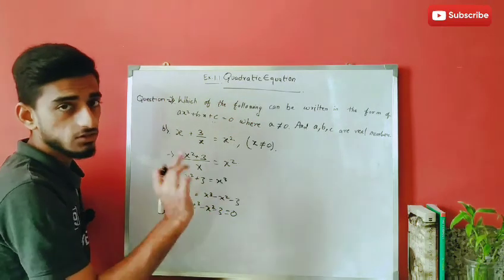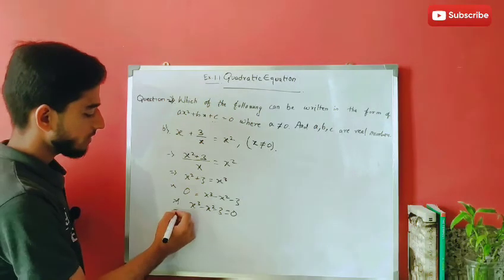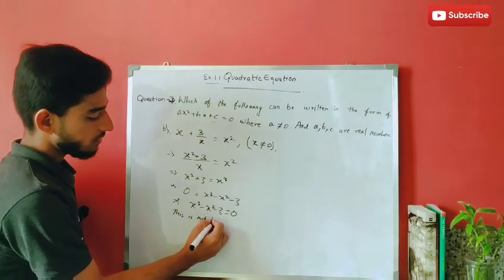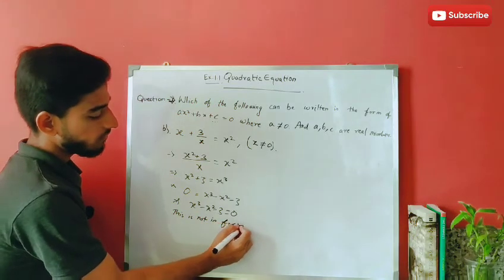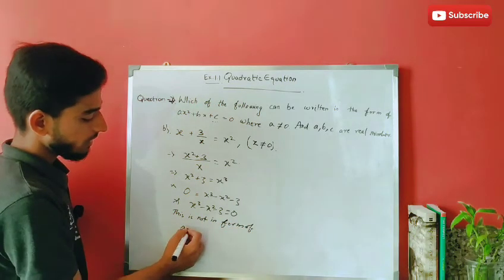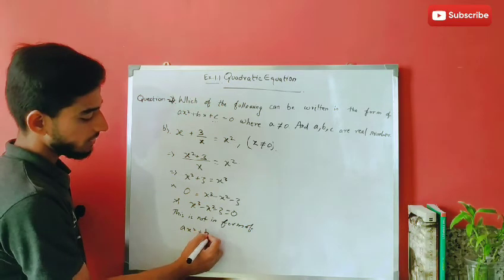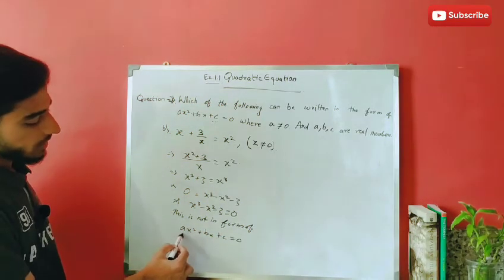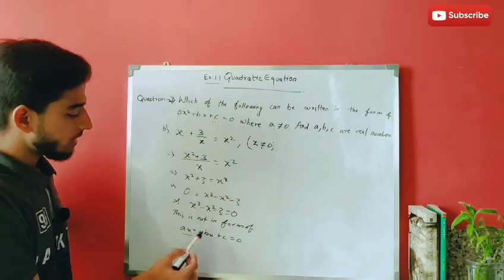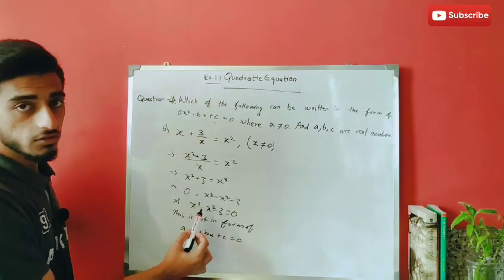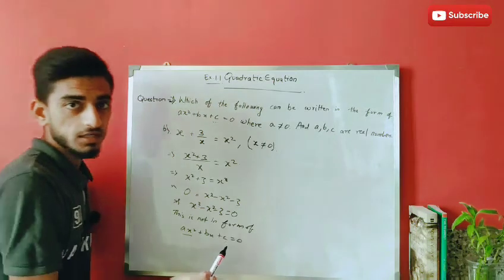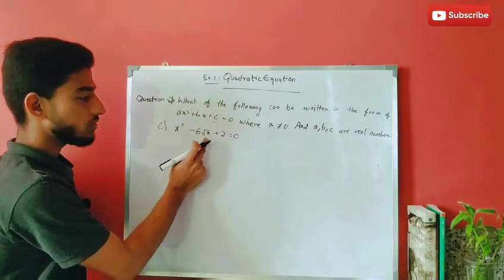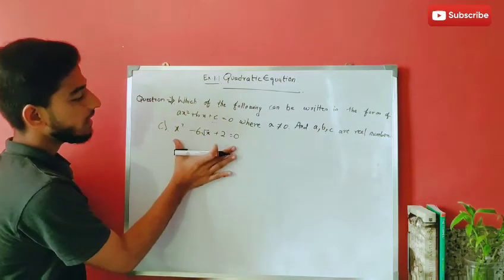This is not in the form of ax square plus bx plus c is equal to 0, because in the standard form the highest order is 2, here the highest order is 3, so it is not in this form. Understood? Next question is x square minus 6 root x plus 2. So they are arranged properly.